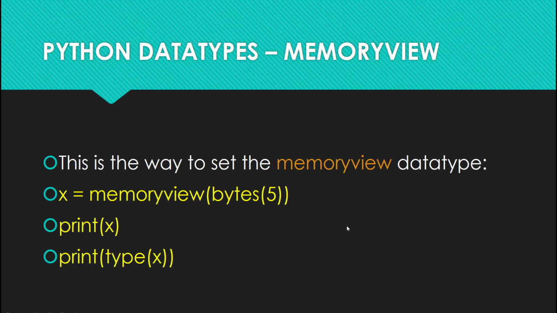So finally we have the memoryview data type, and it's expressed similar to the bytearray data type and the bytes data type. So you have the value given into the bytes function, and that's also given into the memoryview function. So let's see how this is run.